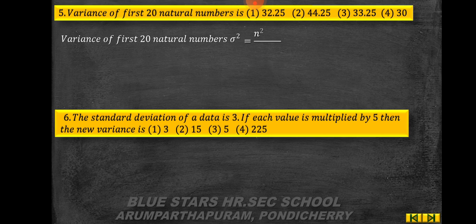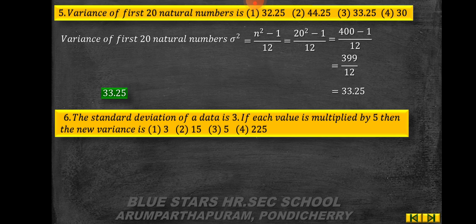So variance of first 20 natural numbers, that is sigma square, is equal to n square minus 1 by 12, which is equal to 20 square minus 1 by 12. So 20 square is 400, 400 minus 1 by 12, which is equal to 399 by 12, which is nothing but 33.25. So the correct option is option 3. The answer is 33.25.